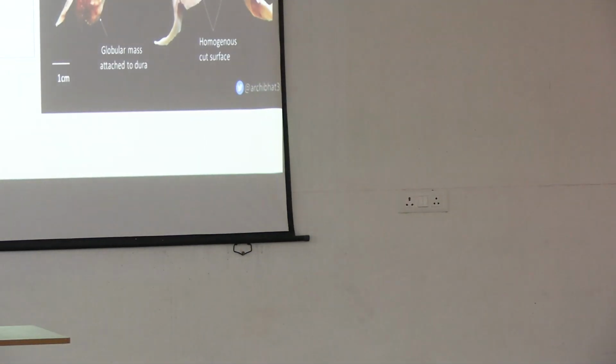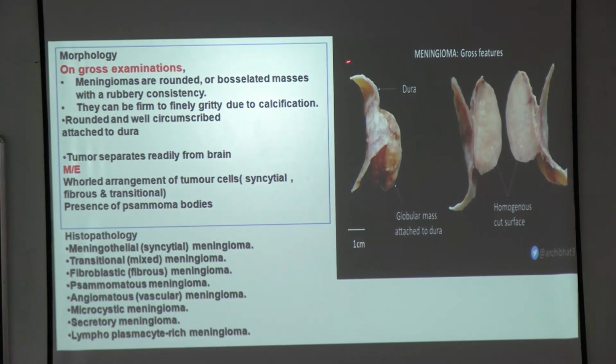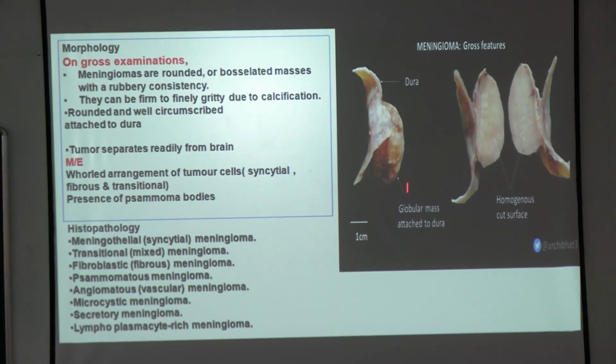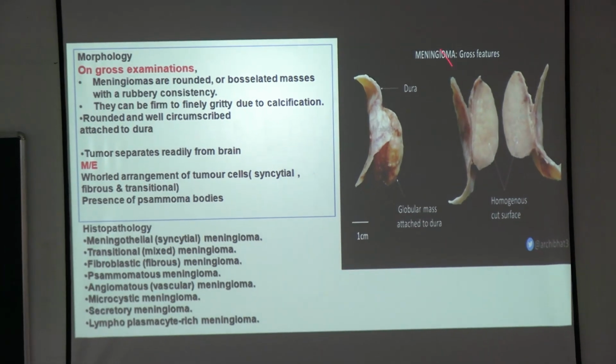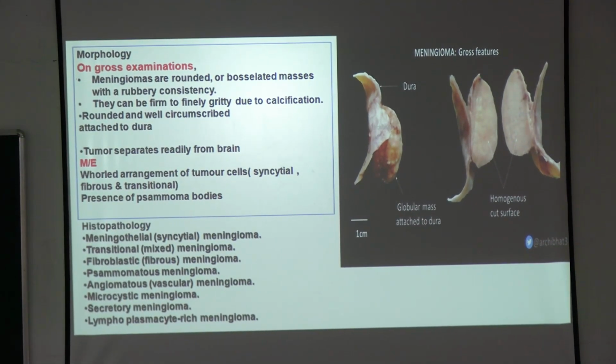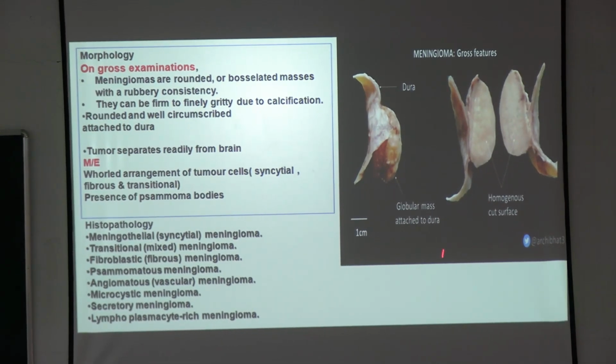Now, gross examination. This tumor arising from the meninges is solid, well circumscribed and finely gritty, sometimes it may undergo calcification. It has a rubbery consistency, a well circumscribed solid mass. Histologically they may be meningothelial, fibrillary, transitional, psammomatous, different types histologically.